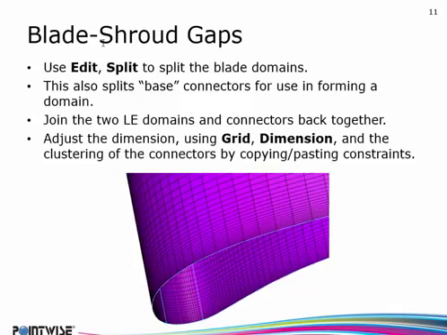So I'm going to try to set up my topology so that my domains on the surface are also following that same setup. So I'll need basically a single domain on the leading edge, a domain on the suction and pressure sides, and a domain on the trailing edge. So I'm going to do some splitting and a little bit of joining, and then we're going to do some redimensioning and distribution as well in order to get the topology that we need.